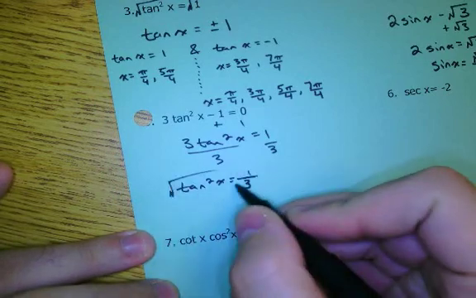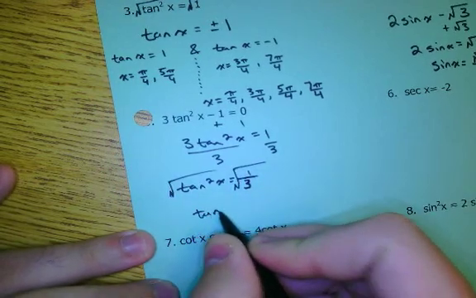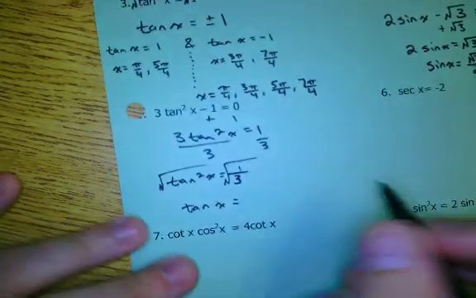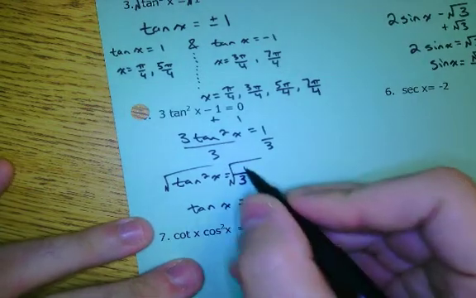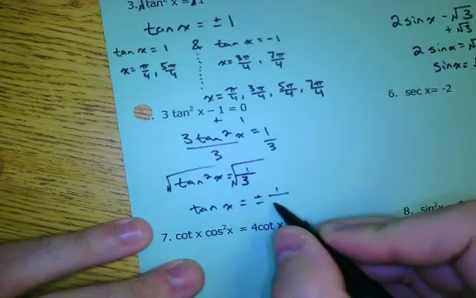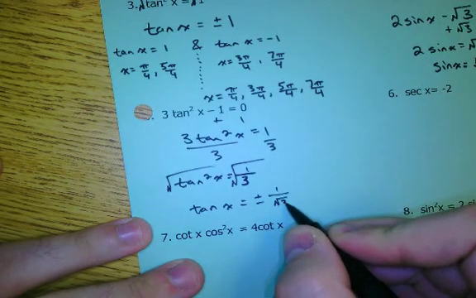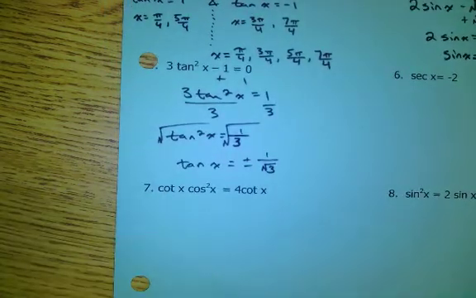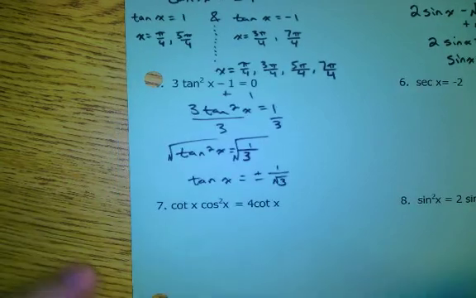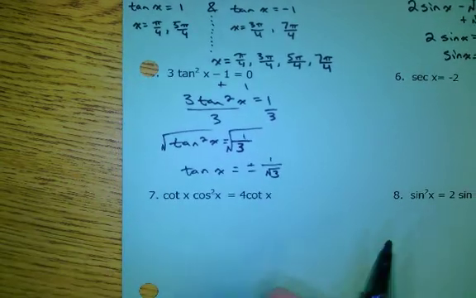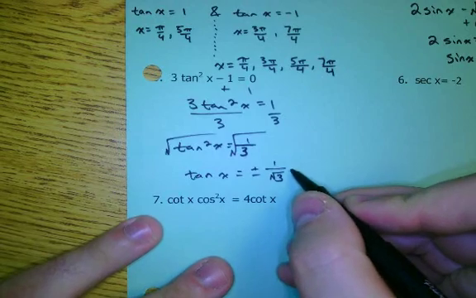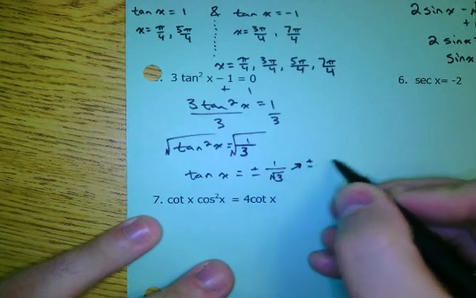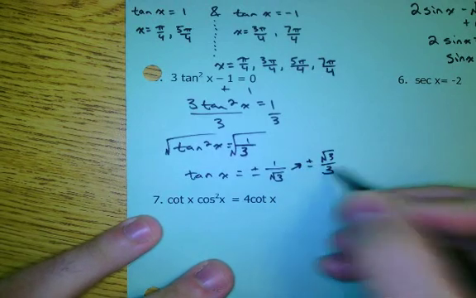Square root each side. So you're going to get tan of x equals plus or minus the square root of 1 over the square root of 3. Does this look familiar? This is the same thing as plus or minus root 3 over 3.